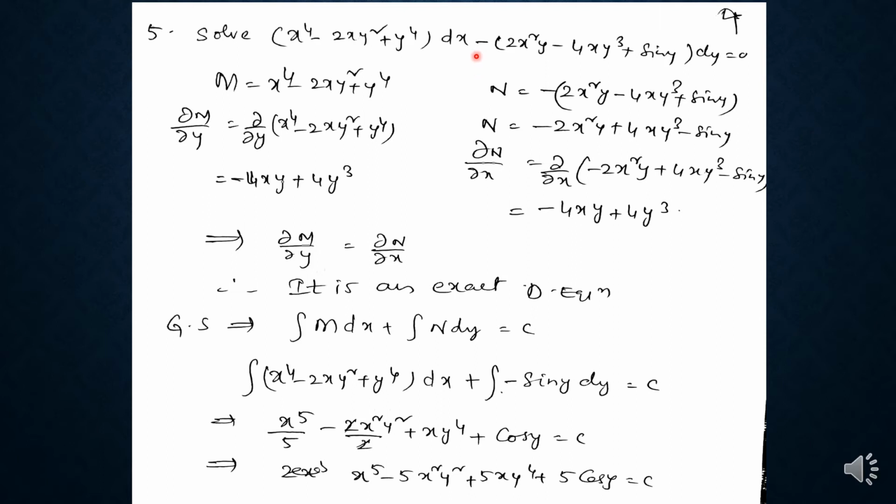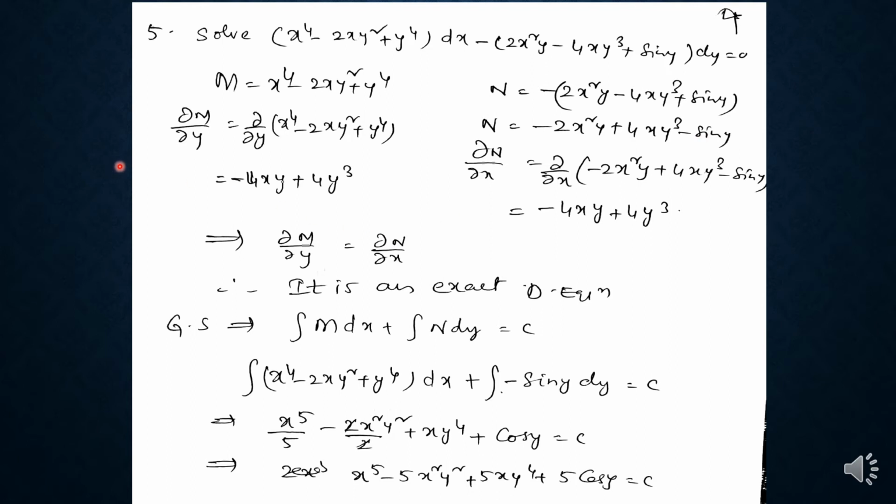Here minus is there, so you should take minus of this whole term as N. N is equal to minus of (2x square y minus 4xy cube plus sin y). So N is equal to minus 2x square y plus 4xy cube minus sin y.